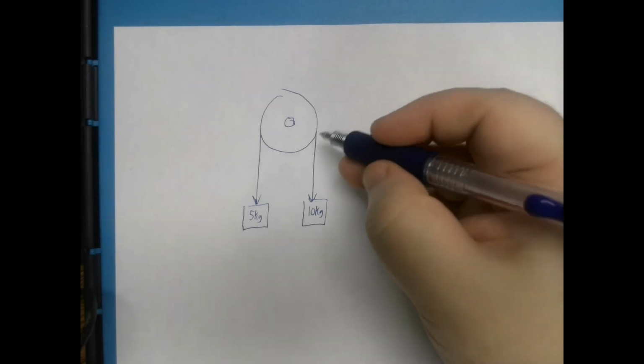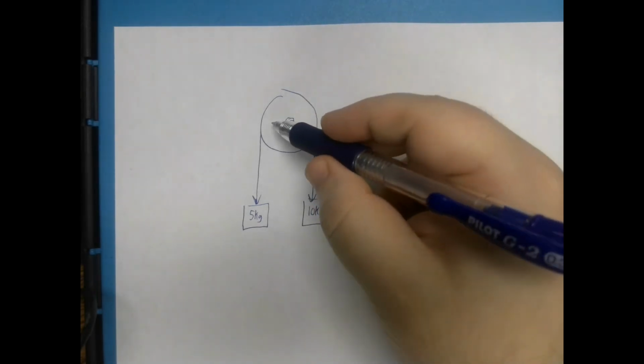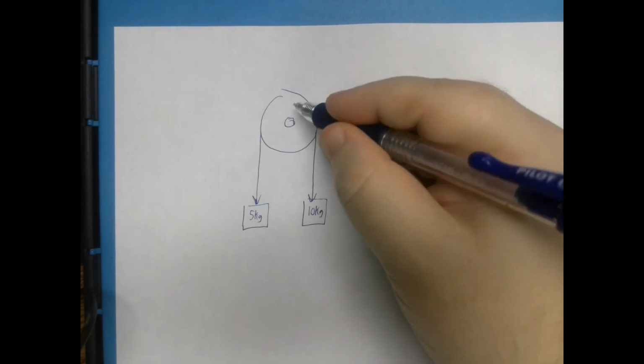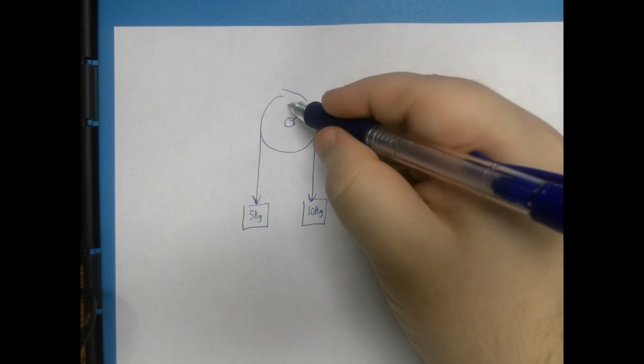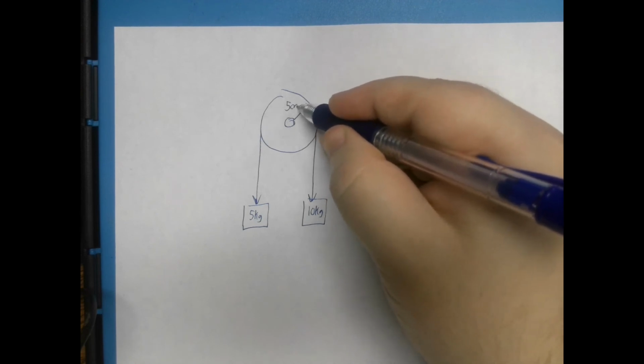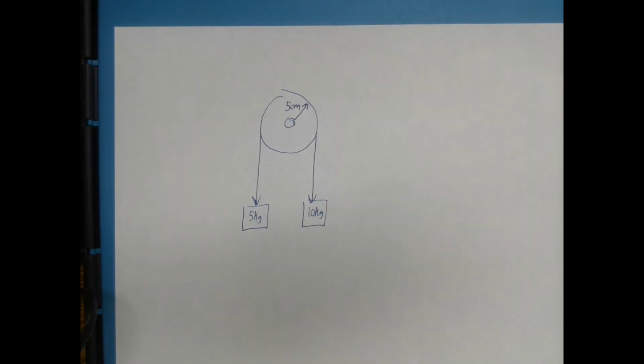Let's make this 5 centimeters, so this has a radius of 5 centimeters. What is the torque created in the system?